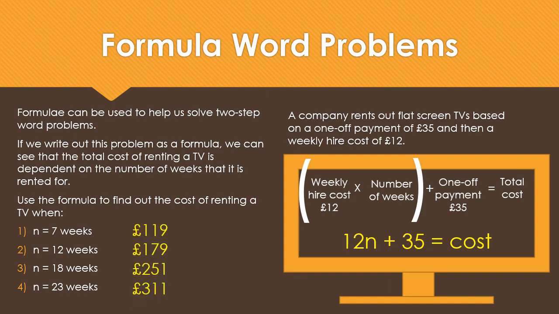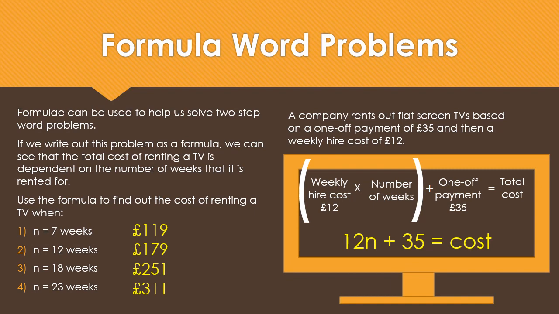So if you were to hire this for 7 weeks, you'd pay £119. So it'd be 12 times 7, which equals 84, and then 84 plus 35, which equals £119. If you were to hire the television for 12 weeks, you'd pay £179.